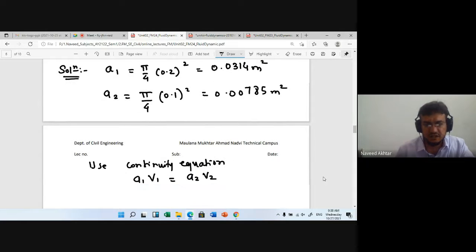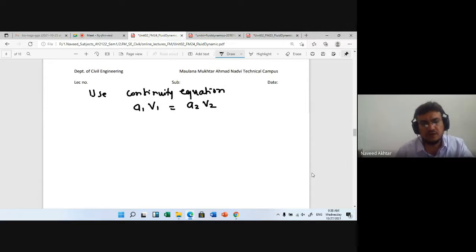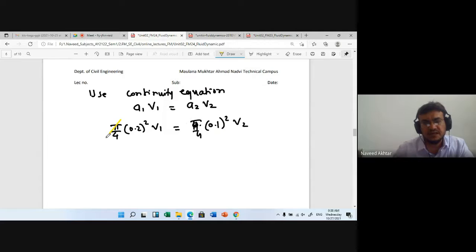A1 is pi by 4 into 0.2 square, V1. A2 is pi by 4 into 0.1 square, V2. So this pi will be cancelled.